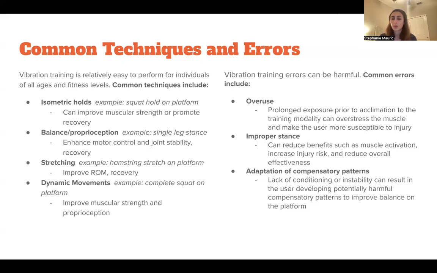And then compensatory patterns. Lack of conditioning or instability can result in the user developing some sort of compensatory patterns to improve their balance on the platform, but then they run the risk of injuring themselves in that case.